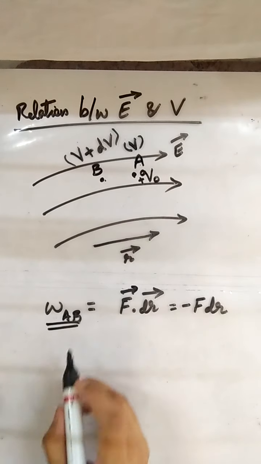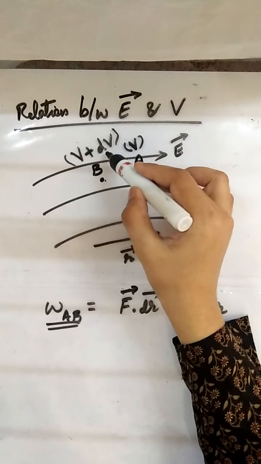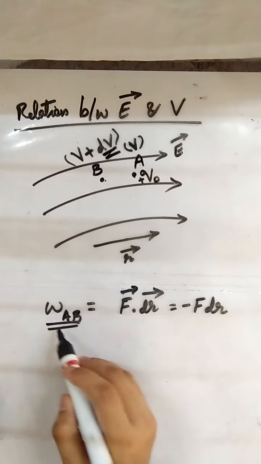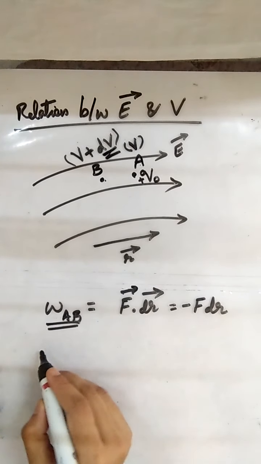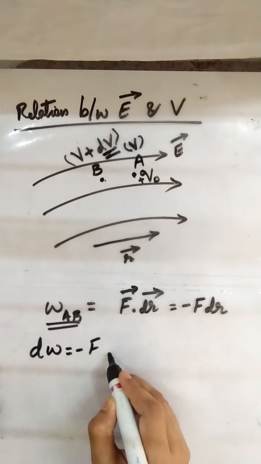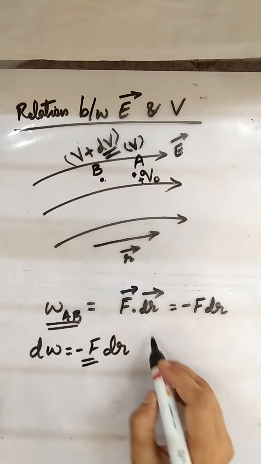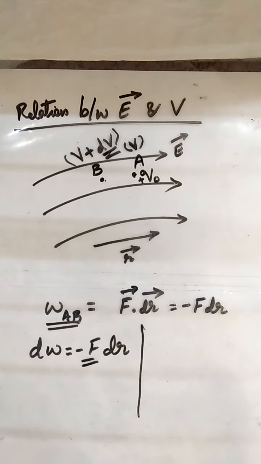Clear? Okay. Now this time, since we are using dV over here, instead of writing WAB, I like to write it as dW, which is equal to minus F dr. Now the problem is, what is this force? How much force do I have to apply?